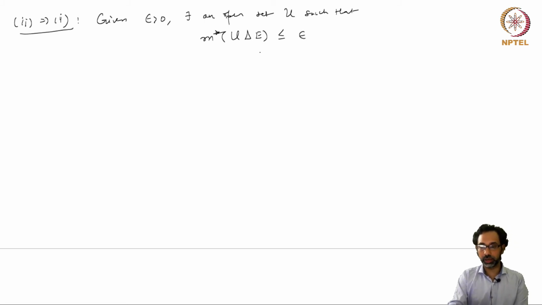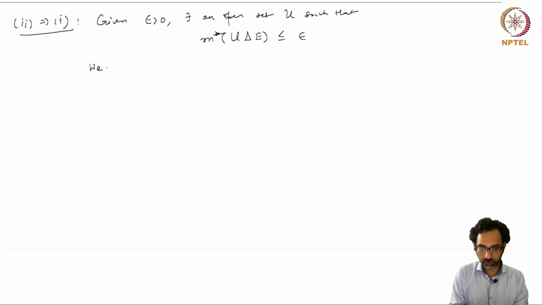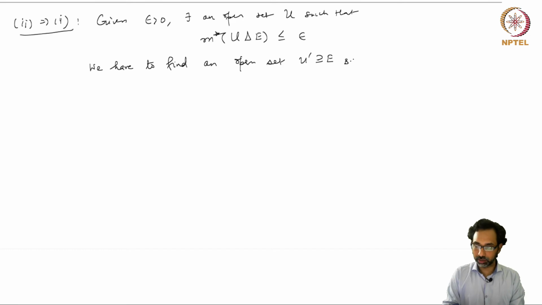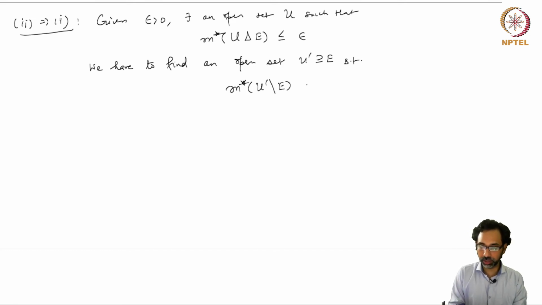Now U may not contain E as a subset, so we have to find an open set U prime that contains E, such that the outer measure of U prime minus E is less than or equal to epsilon.